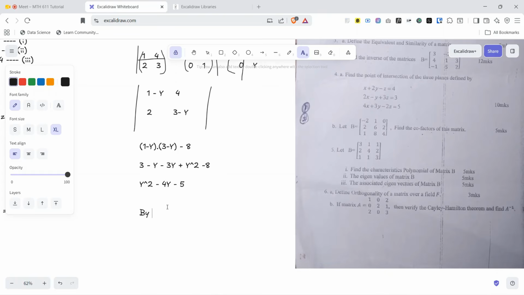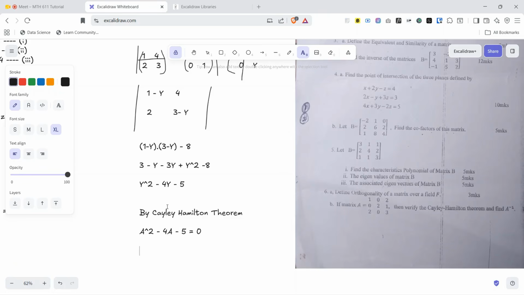So by Cayley-Hamilton's theorem, what we would now have would be A raised to power 2 minus 4A minus 5 equals 0.